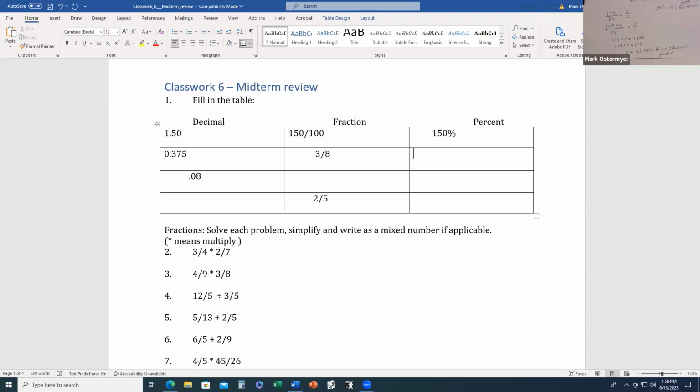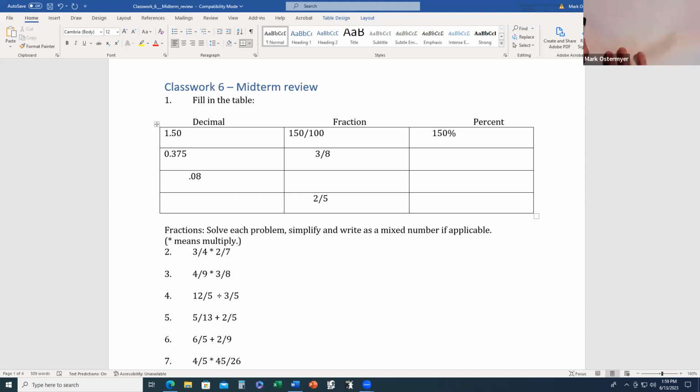Okay. Do you see how we got 0.375 by dividing 8 into 3? Do you want me to demonstrate that, 8 divided into 3? Yes, please.